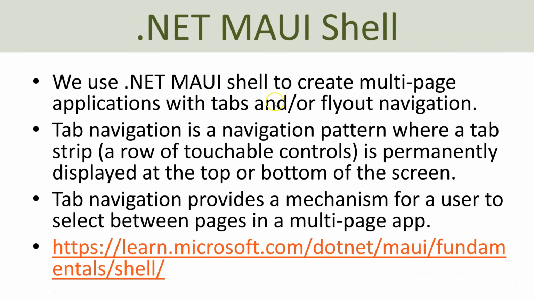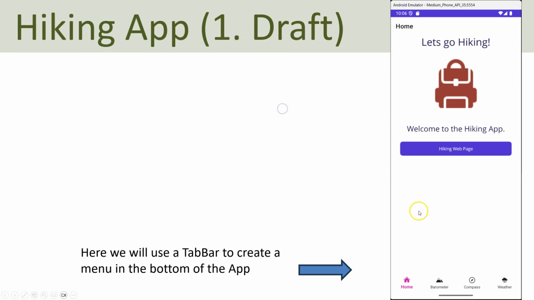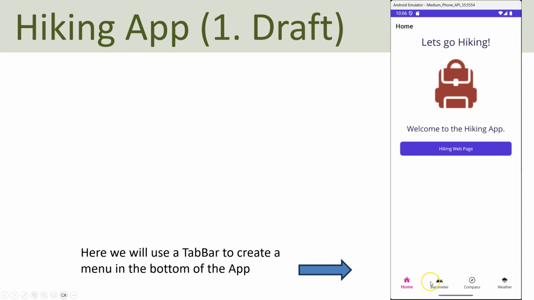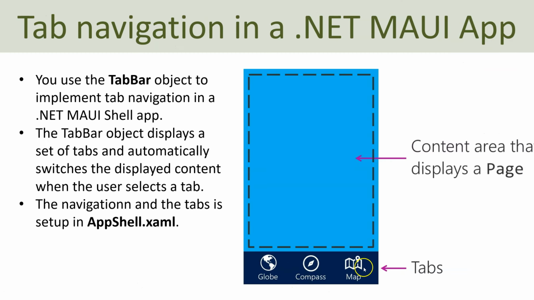So in order to create the navigation you find here in the bottom, you need to use a feature called .NET MAUI shell. You use it to create multi-page applications with tabs or flyout navigation. We will focus on tabs in this tutorial, tabs like this. So this navigation bar is created in a file which is part of the default template called AppShell.xaml.